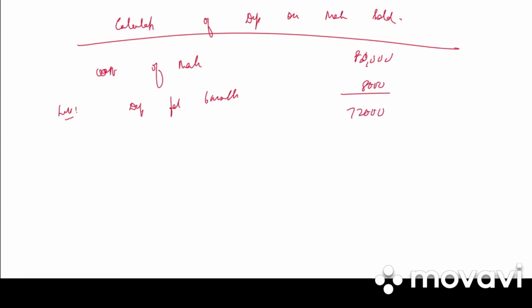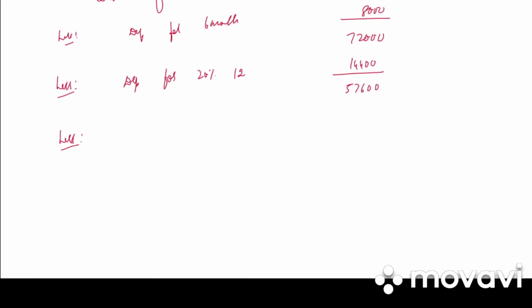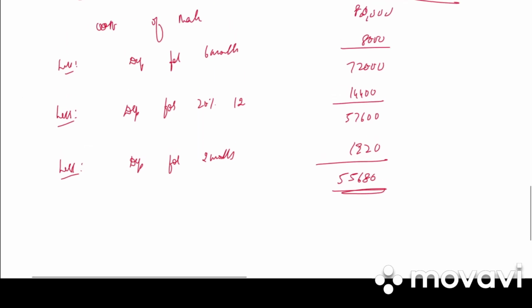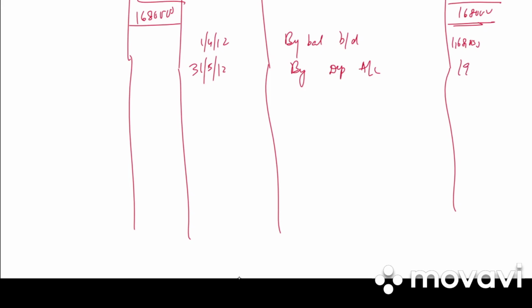We get 72,000. Less depreciation for 20%, 2012, so it is 7,200 plus 7,200, 14,400. We get 57,600 less depreciation for 2 months, 1,920. How much is it? 55,680. So for third year, how much is it? 1,920. This is for the machinery which is sold.